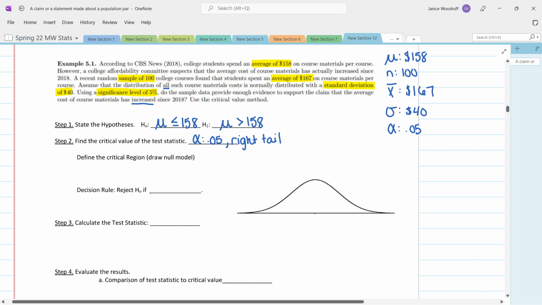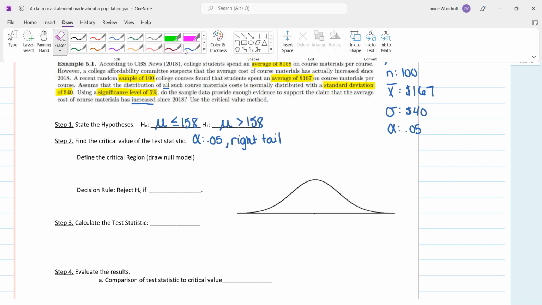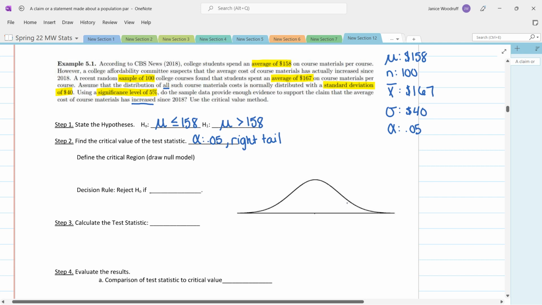That is alpha. It's like an a, a Greek lowercase a. If I drew that and then just put another tail at the top of it, you can just draw down and up like that. Okay, so it's a right-tailed test, 0.05. So we're going to have 0.05 over here.